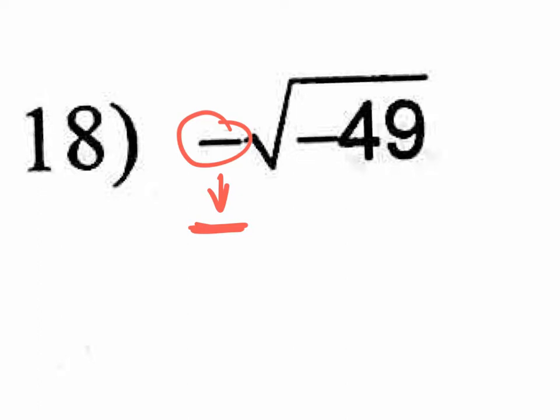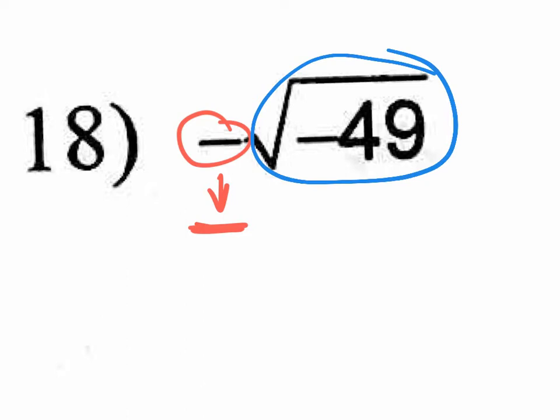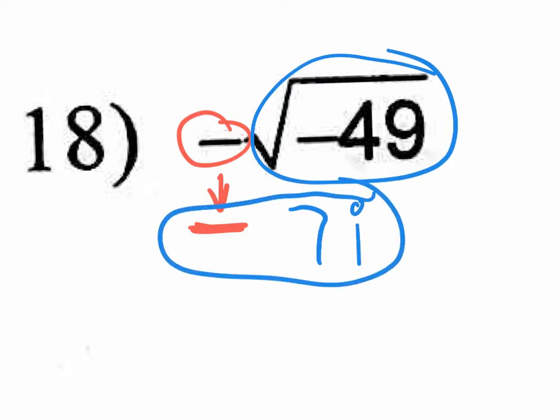Remember, the square root of a negative number is imaginary, right? So just focusing on the square root of -49, that answer is what? 7i. And don't forget about the negative that's in front, so it's -7i, your final answer.